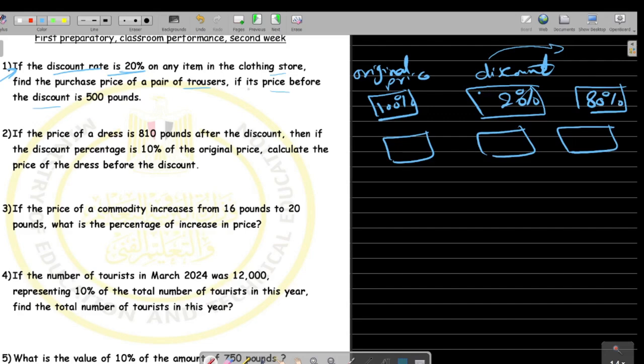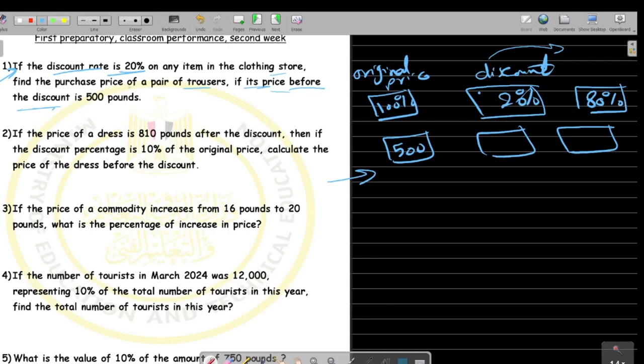Look, the price before the discount means that the original price is 500, so we will put it in the first box, the price before discount.